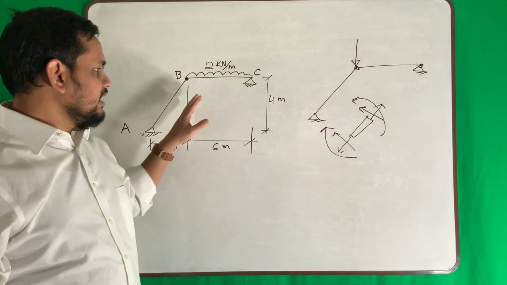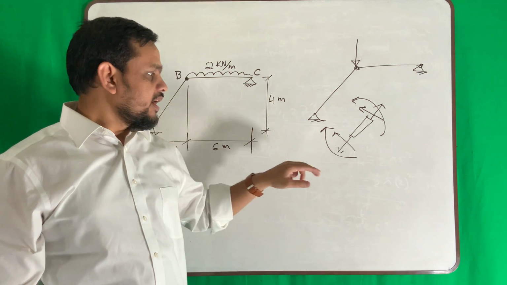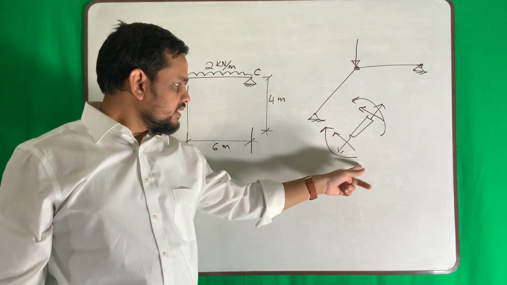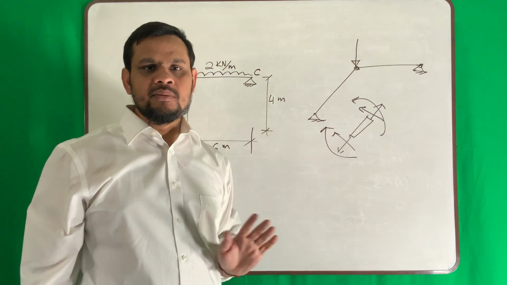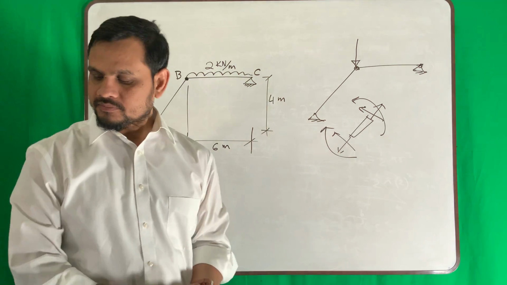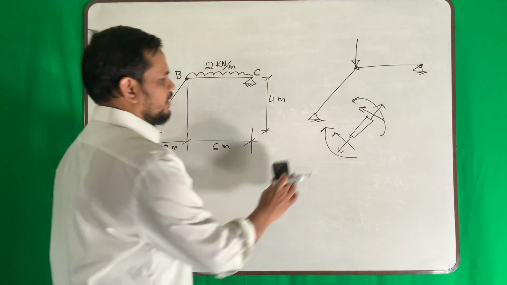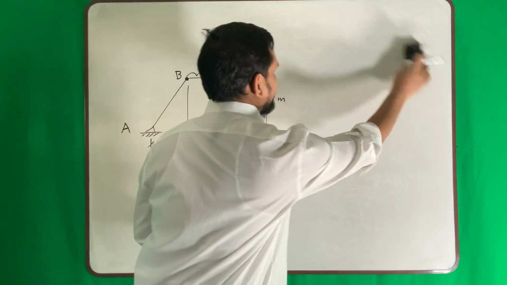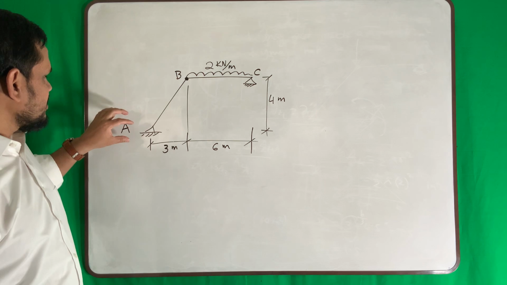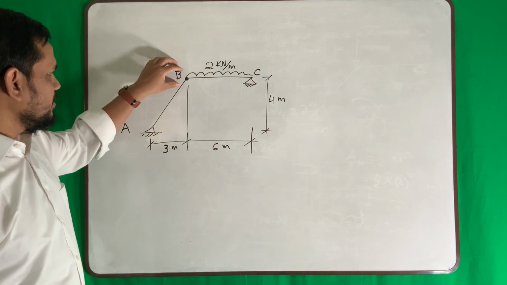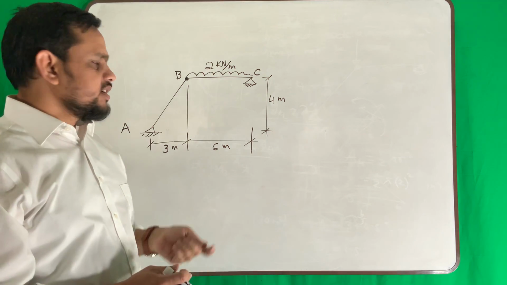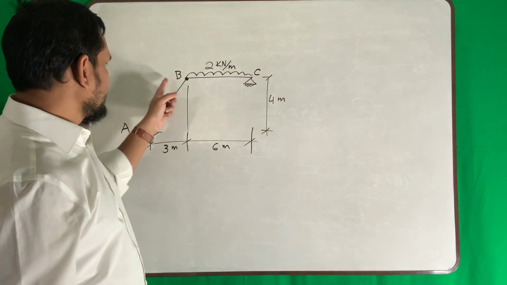So in frame, there might be some shear force, that means some force transverse to the member, and some moment inside the member. That is something new for frame. If we want to solve this frame, what is the question here? The question is asking, determine the support reaction at A, B and C.